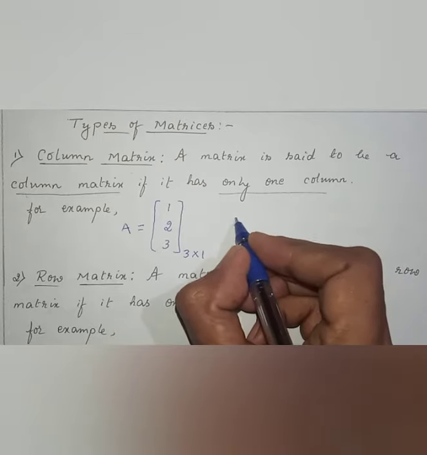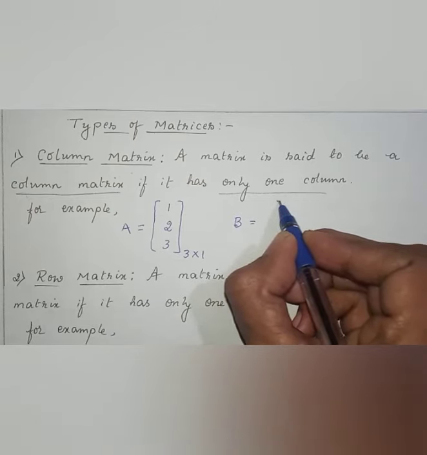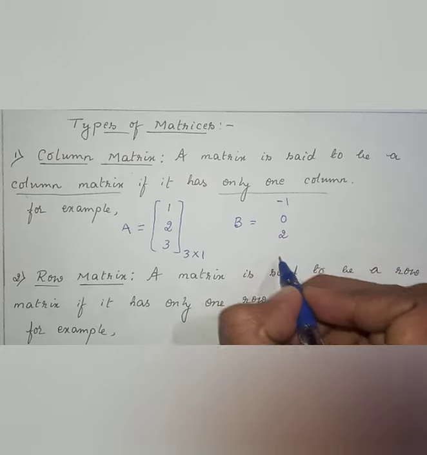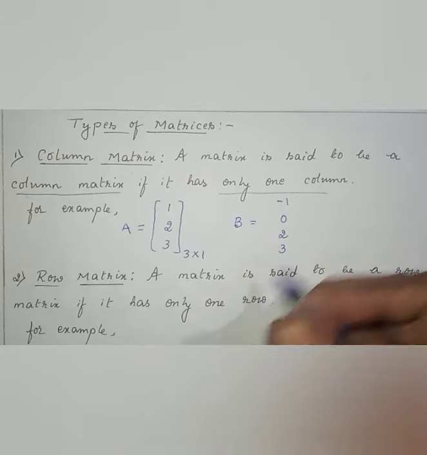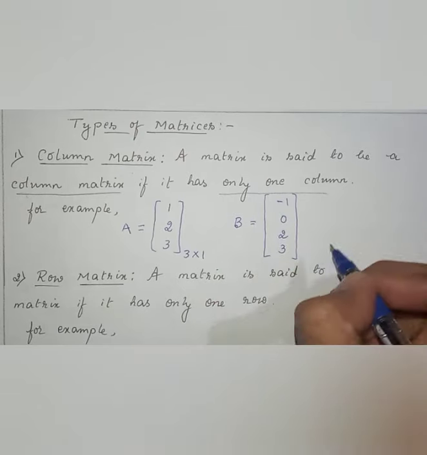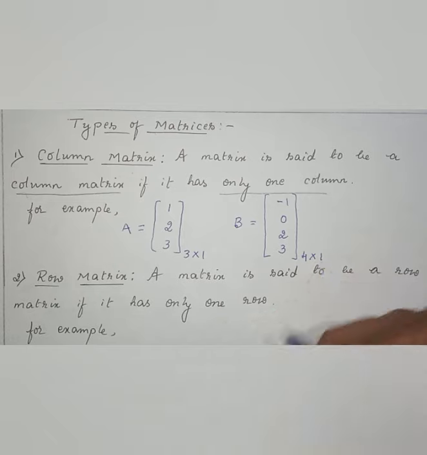One more. B is equal to -1, 0, 2, 3. The order of the matrix is 4 rows, 1 column.